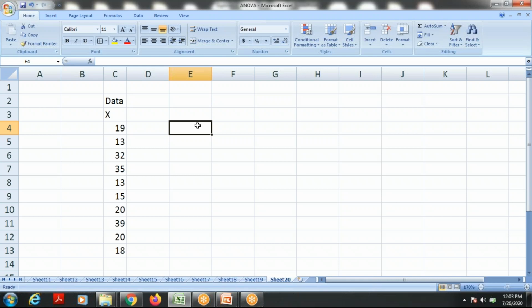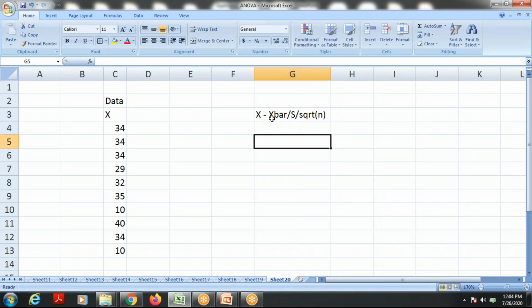So for the Z value, as you remember, the formula is written as X minus X bar divided by S, and then divide with the sqrt of n. That's what the formula is given.